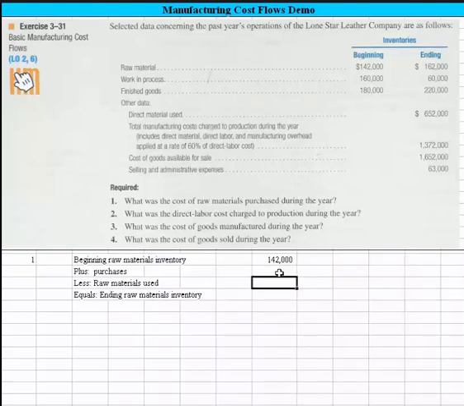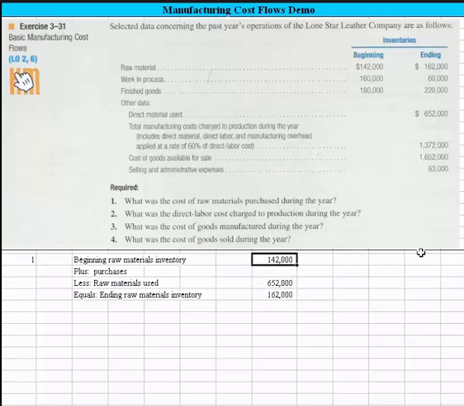The purchases we don't know. The raw material used is the 652, direct material used. I'm using the terms raw material and direct materials interchangeably. So we'll put 652,000 in there, right? And the ending inventory is 162.